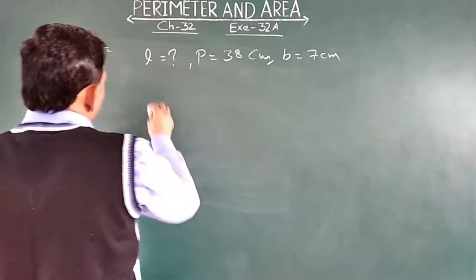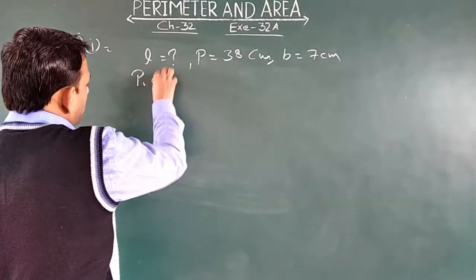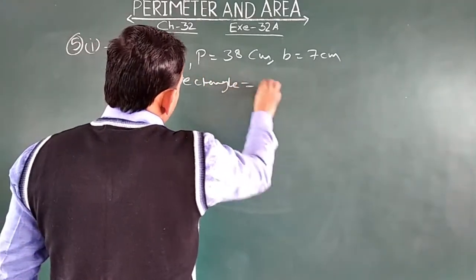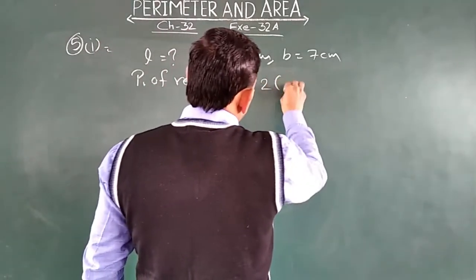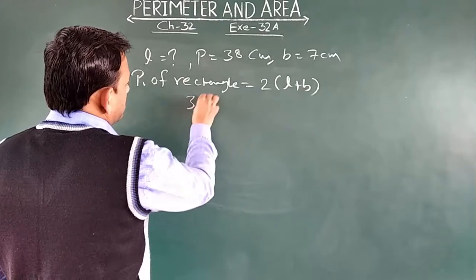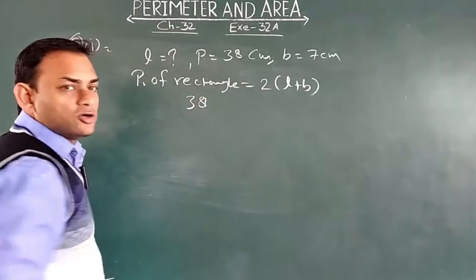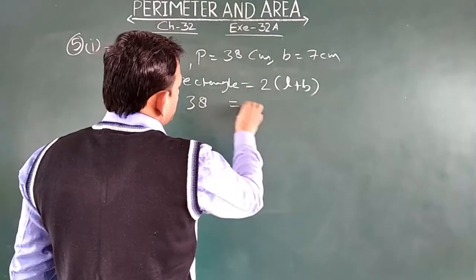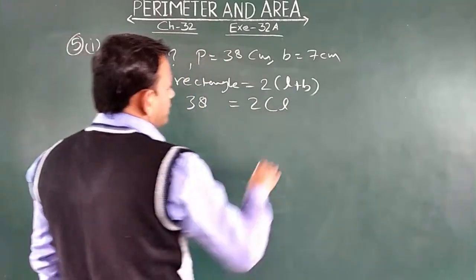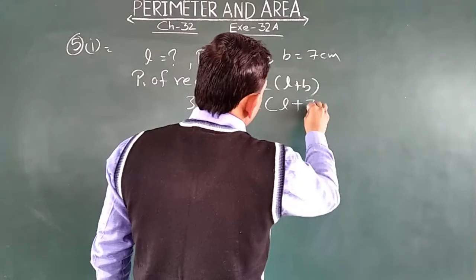So you have to find the length, and you know that the perimeter of rectangle is equal to 2 times (L plus B). Perimeter of rectangle is given as 38. We will put the values: 2 will remain the same, L will remain the same because we have to find the value of L, and B is given as 7.